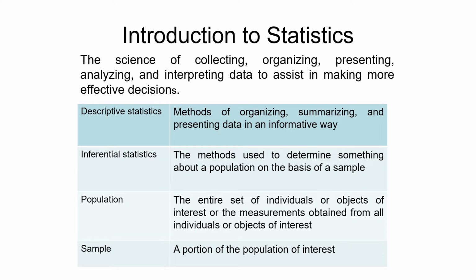Okay, so for example, you make conclusions of a population based on a smaller group of sample. Population is the entire individual which are actually of interest of a particular object, and sample is a part of a population, a subset of a population.